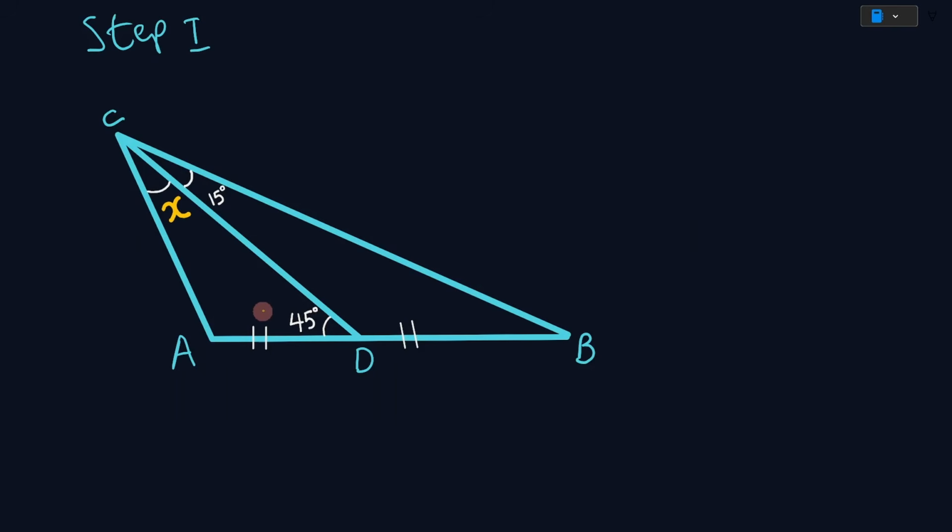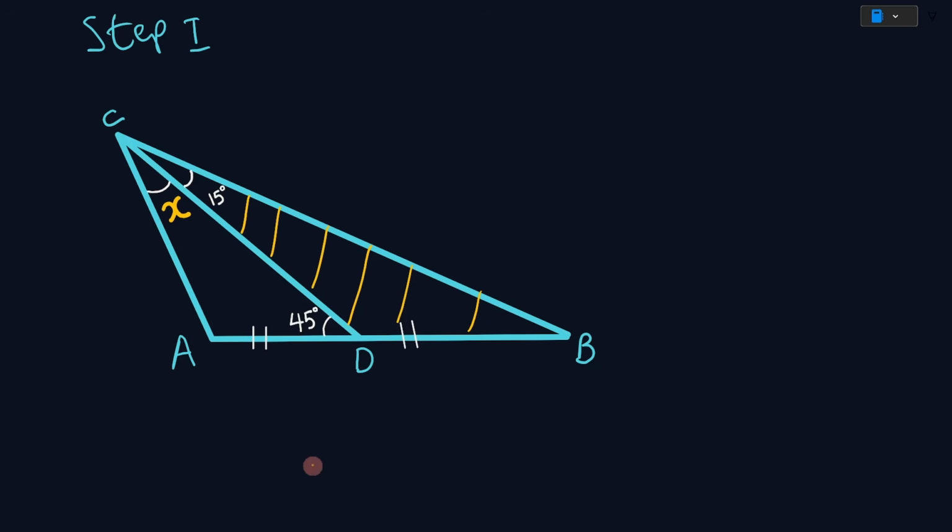Step 1. The very first step we need to take in solving this is to consider this very triangle BCD. In this triangle, we only have an interior angle of 15 degrees. We need to find angle CBD and angle BDC.